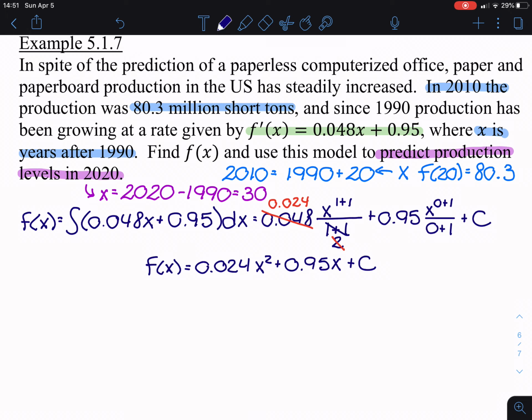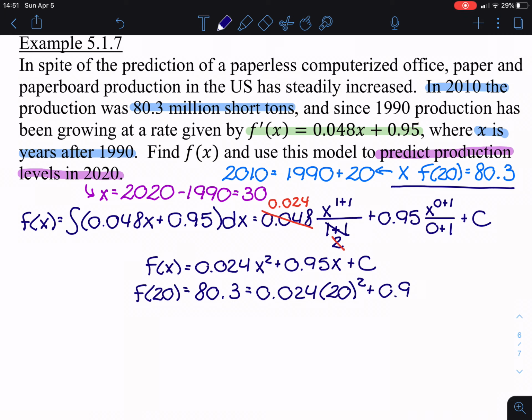But I know from right here that f of 20 is equal to 80.3, and that's going to be 0.024 times 20 squared plus 0.95 times 20 plus C. All right, so when I calculate that out, 0.024 times 20 squared is going to give me 9.6. 0.95 times 20 is going to give me 19, plus C is equal to 80.3.